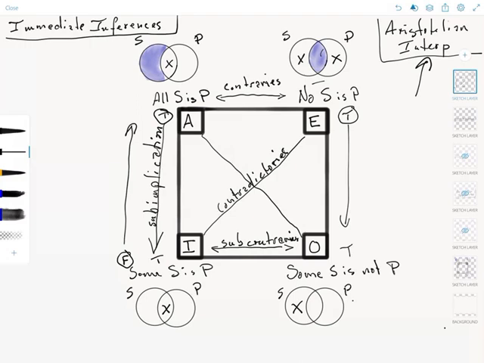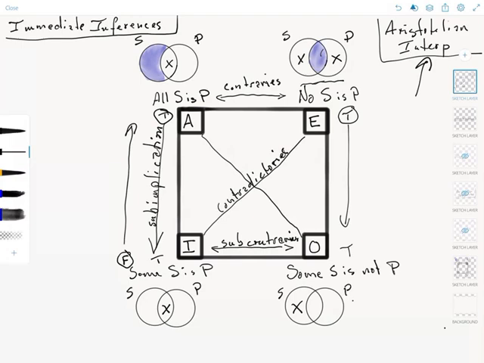So let's think about this, okay? Look, if some S is P is false, then what would make it false? What would make it false is having shading where the X is. In other words, the E being true would have to be what makes the I false, right?